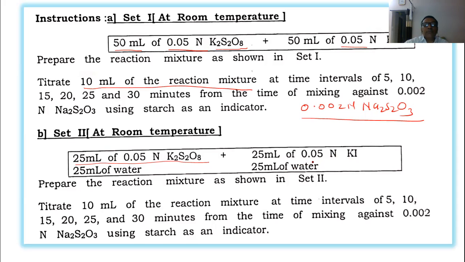Again the same process we have to repeat. Keep the two bottles in the water bath to attain room temperature, and prepare the reaction mixture by mixing these two bottles after some time.